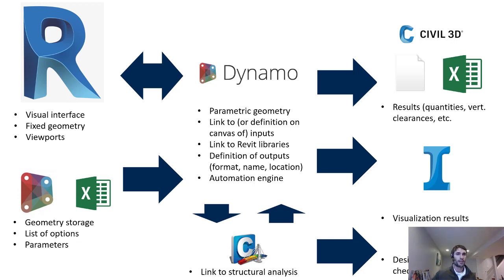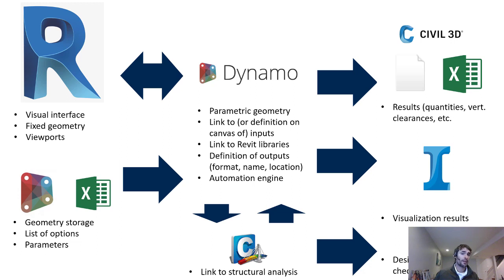Looking at the middle here, we're talking about Dynamo as our major visual programming tool. This is where we're developing and pulling in our parametric geometry. We are linking to our input, coming from down here from our Excel spreadsheet, as well as inputs directly from Dynamo.